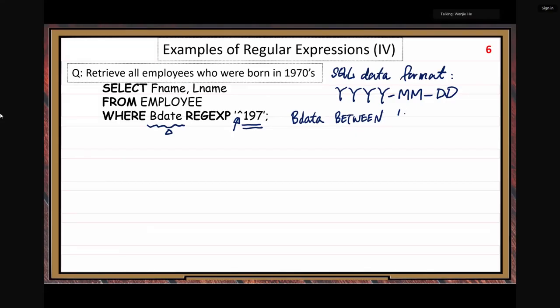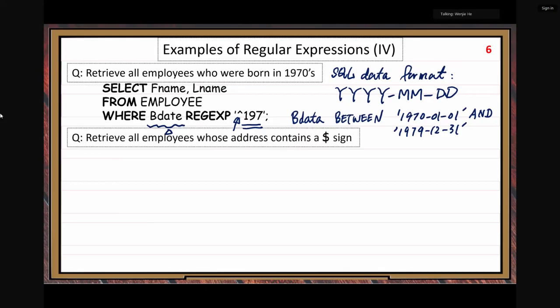First, in single quotes, 1970/01/01, January the 1st, and the end, the last date of the 1970s, 1979/12/31. Some students use that way. It's also okay. Just a simple example here.